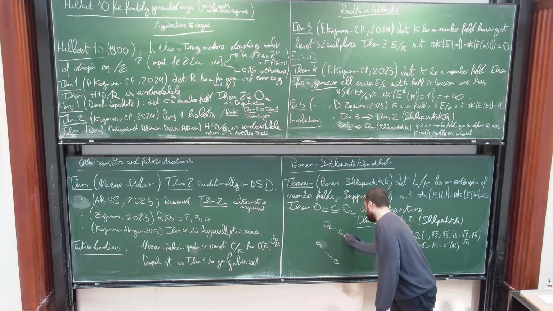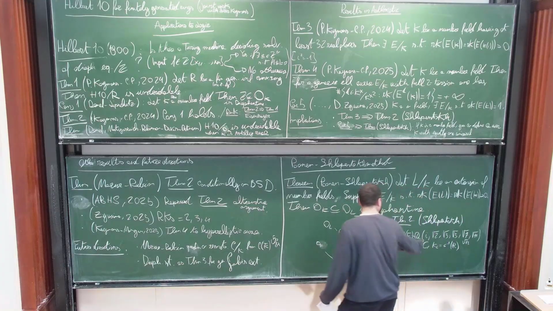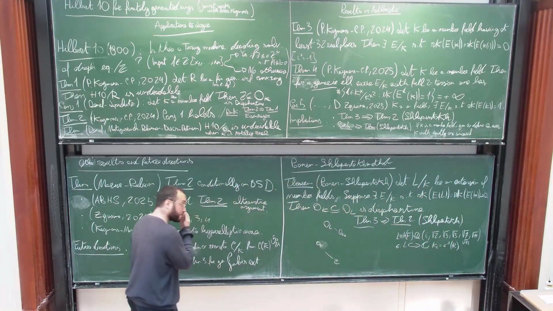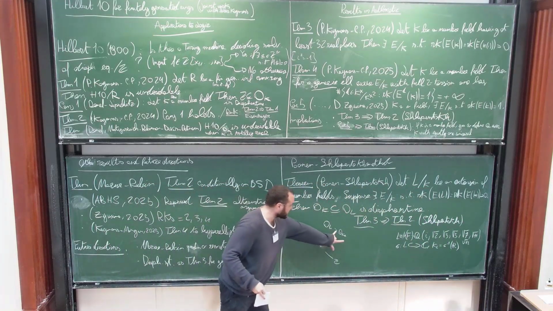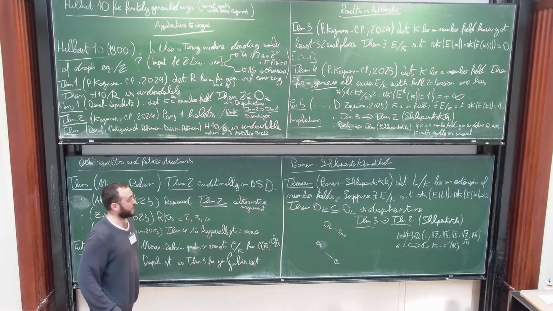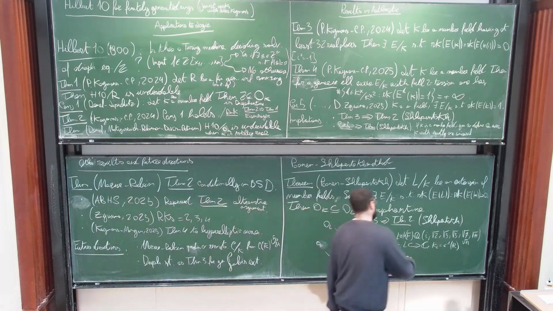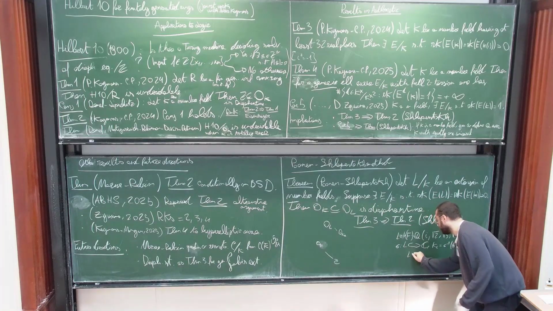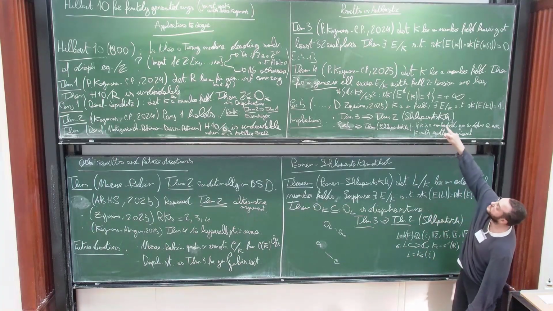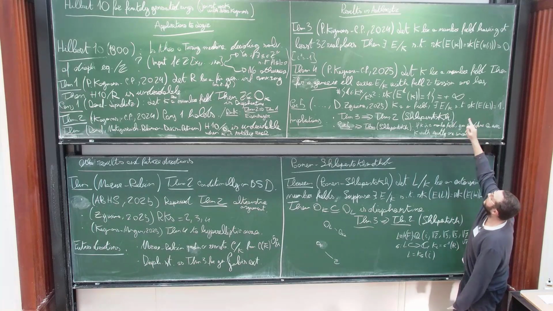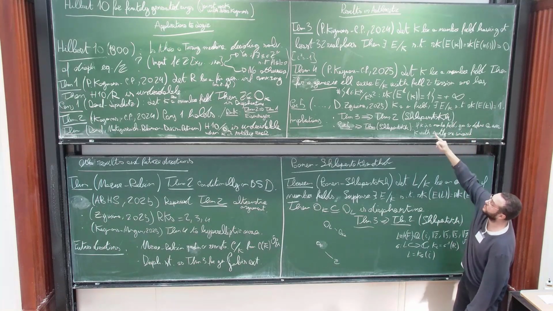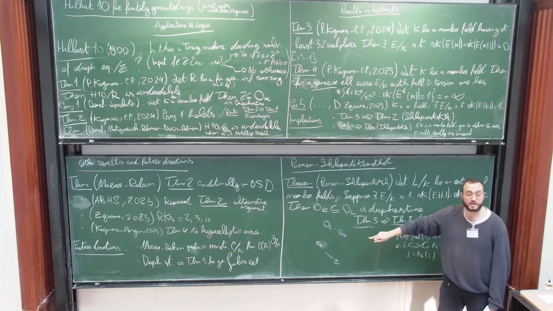This is a field that goes in the real numbers, so this is a non-trivial quadratic extension, and L is exactly K sigma root minus 1. So we are close to being in the situation of theorem 3. And the only thing that you have to check is that K sigma has 32 real places.